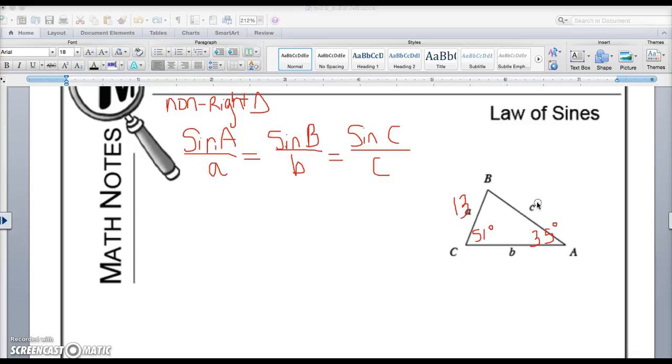So that's my variable. I can go back over here and I have sine A, so I can plug that in. Sine 35 over 13 equals sine 51 over c, which is what's missing.